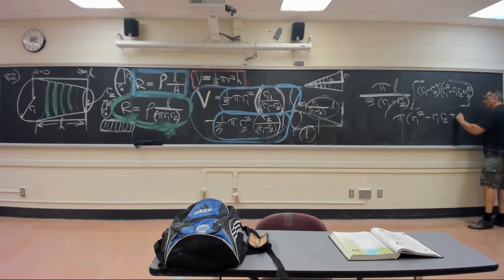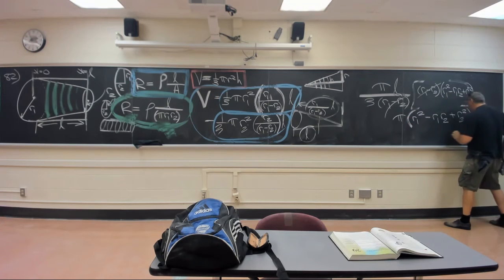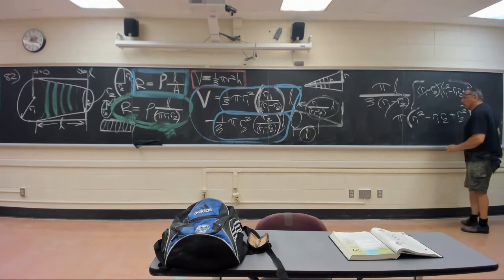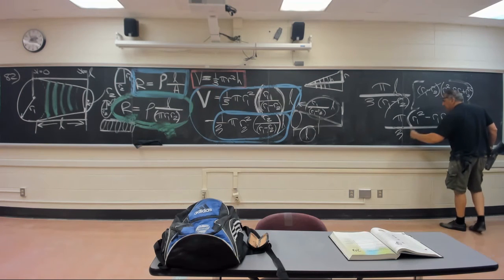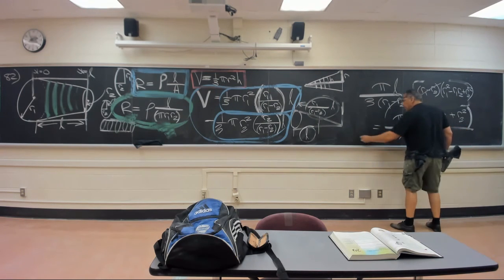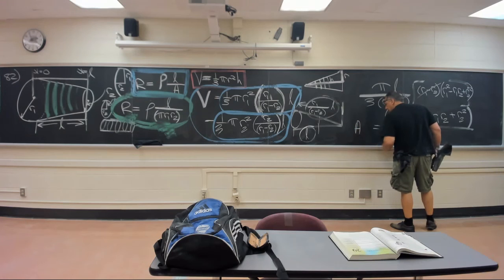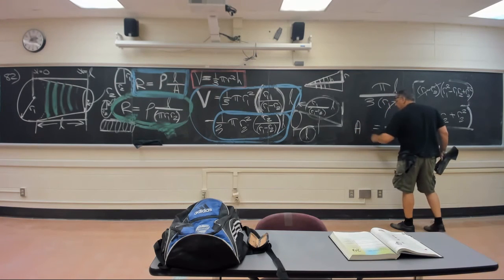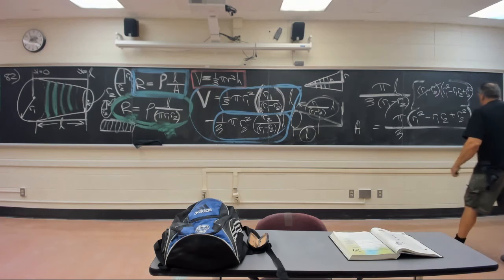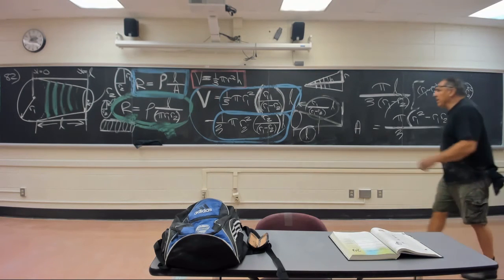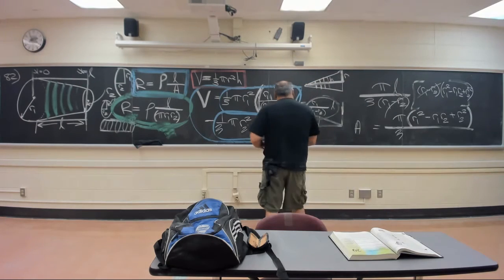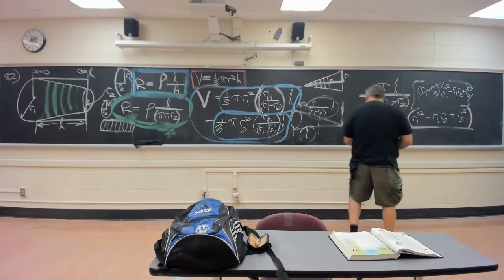You're looking at it, guys. There's your average area, the average area for that part of a cone. Here's the average cross-sectional area.